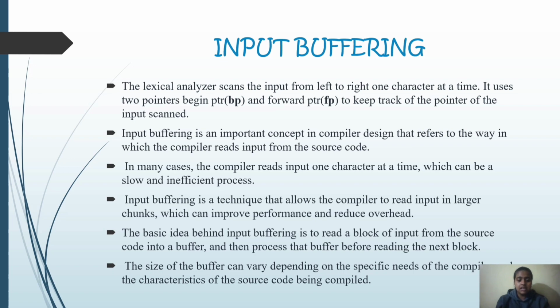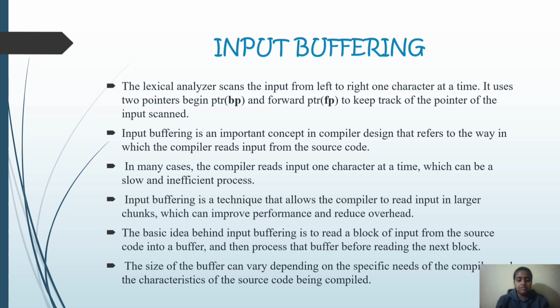In many cases, the compiler reads input one character at a time, which can be a slow and inefficient process. Input buffering is a technique that allows the compiler to read input in larger chunks, which can improve performance and reduce overhead. The basic idea behind input buffering is to read a block of input from the source code into a buffer and then process that buffer before reading the next block.